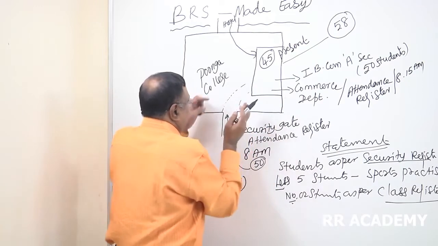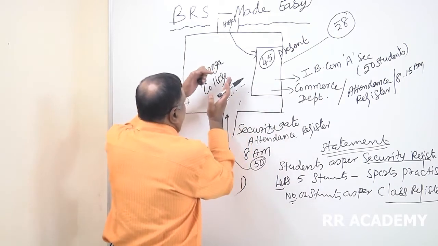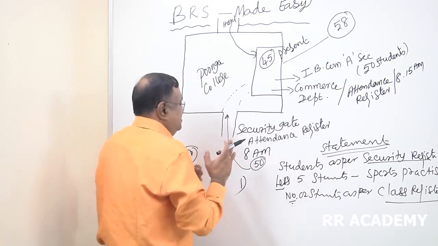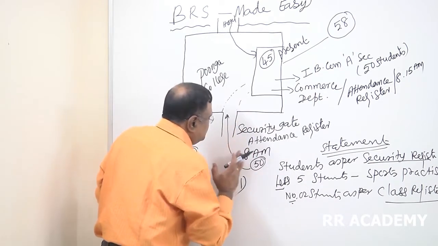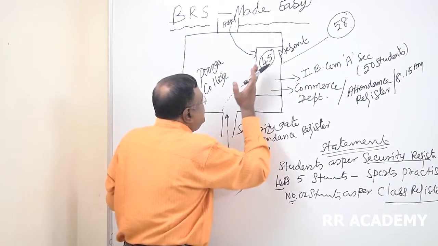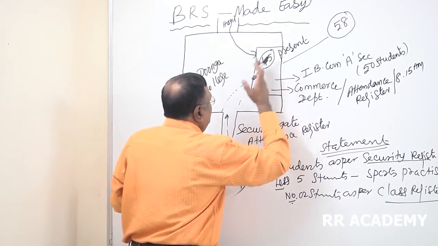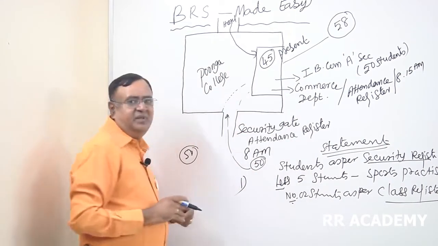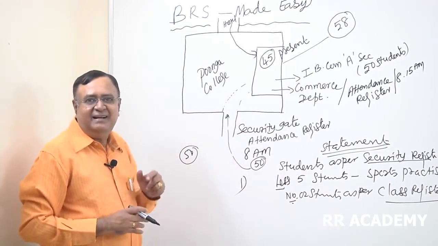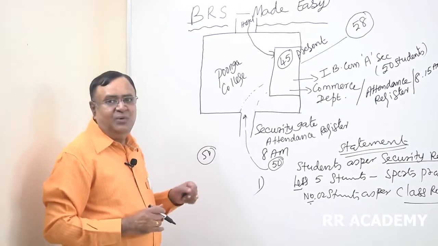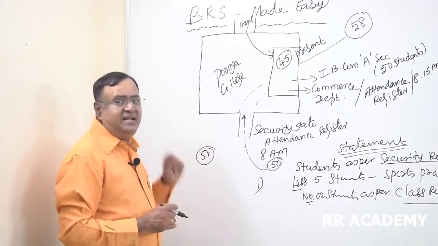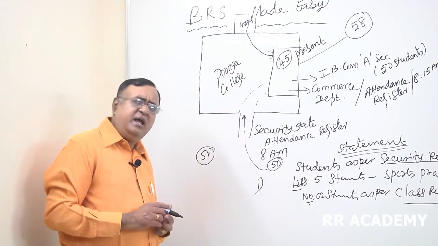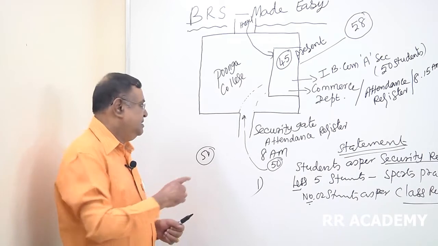Likewise, there is security here, and here also security, because it is a very strict college. Therefore, students enter, straight away they go and sit. Full security. In that case, 50-50. But is the college like that? No. Therefore, you have entered 50, but there it is 58. Why is there a difference?